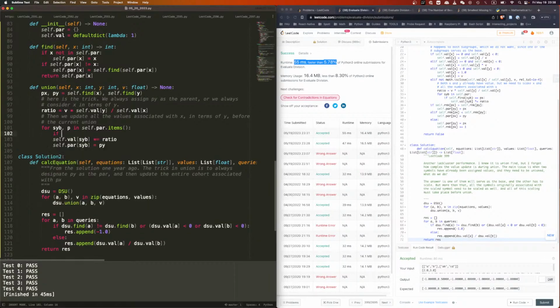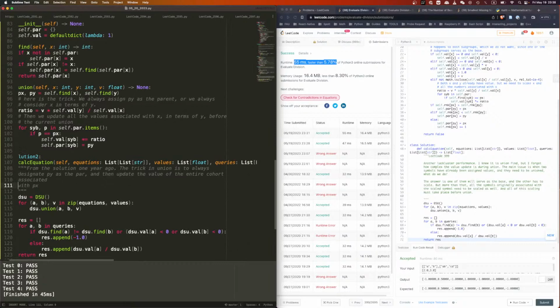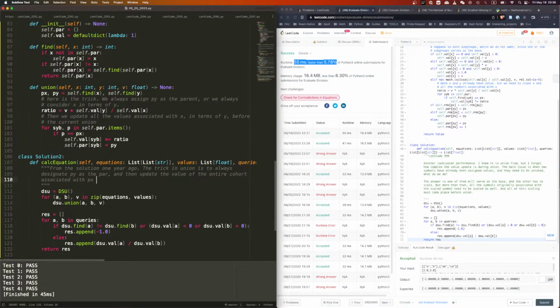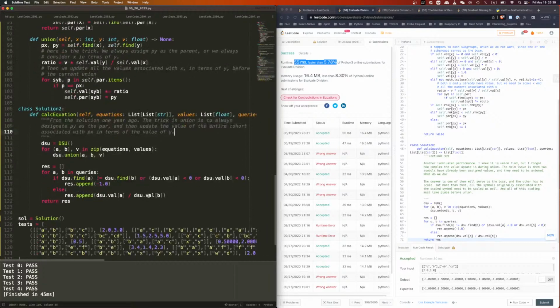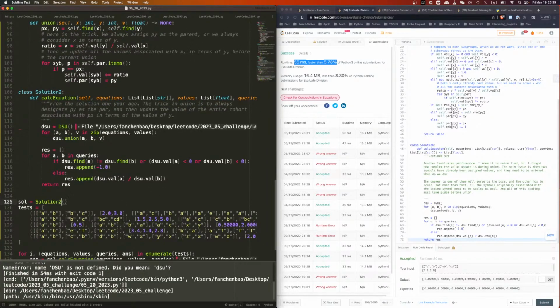Hold on. If p is equal to px, update the value of the entire cohort associated with px in terms of the value of y. Everything else is the same.